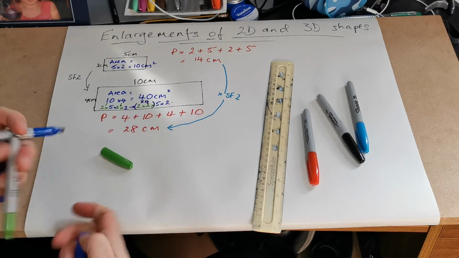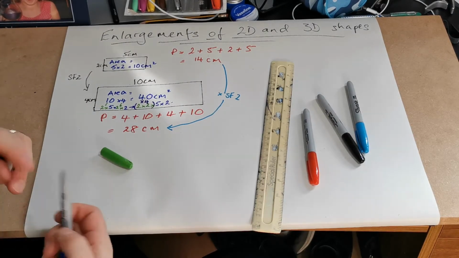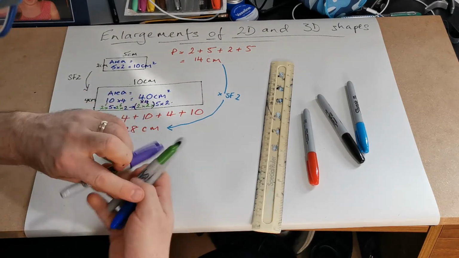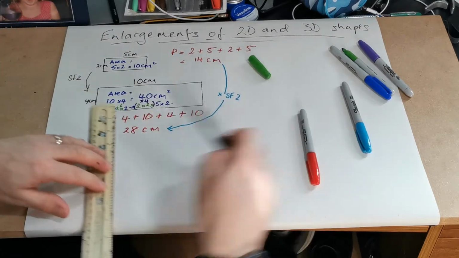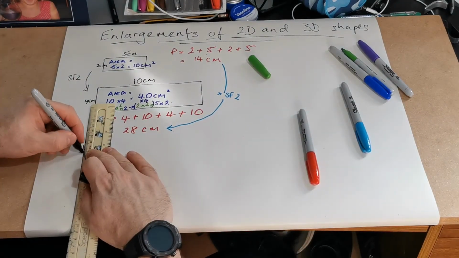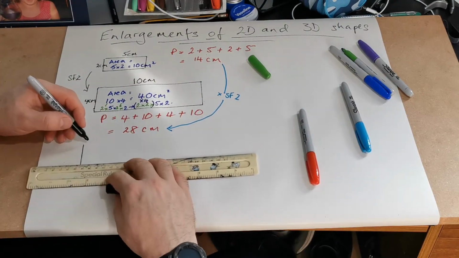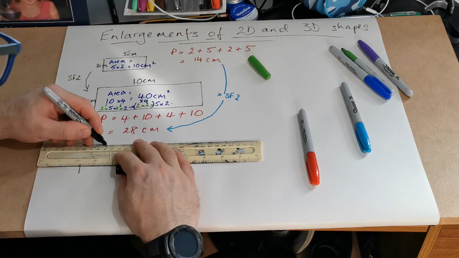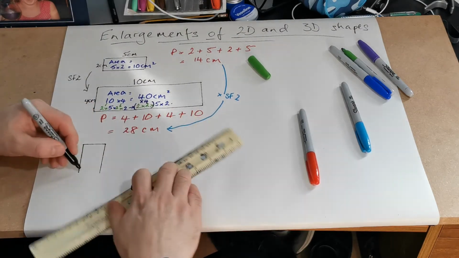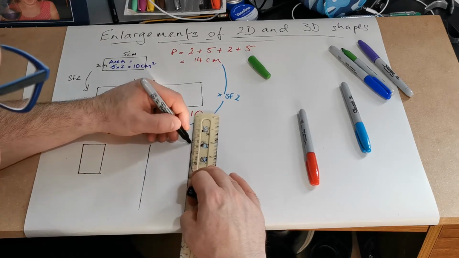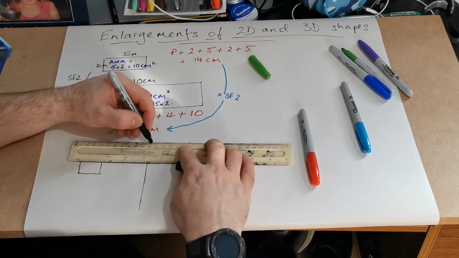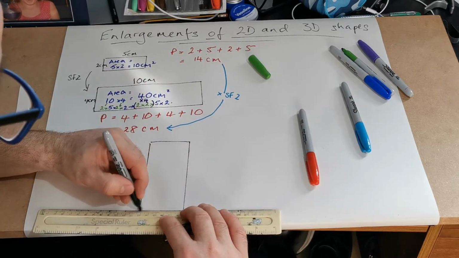Now let's think about a bit more of a general case. So if I was to draw another rectangle here, and I'd like you to imagine that this is not to scale. Well, you don't need to imagine it's not to scale, it's clearly not to scale.